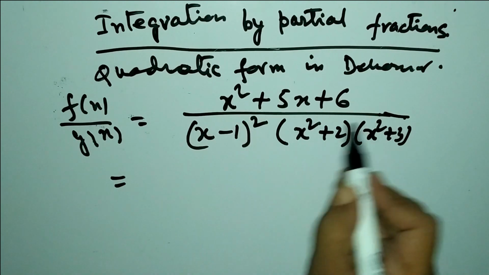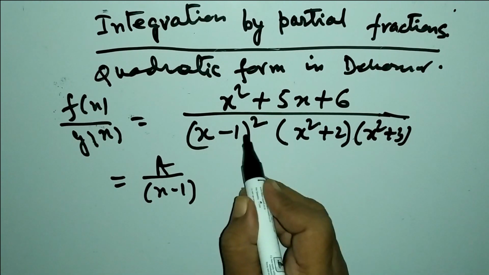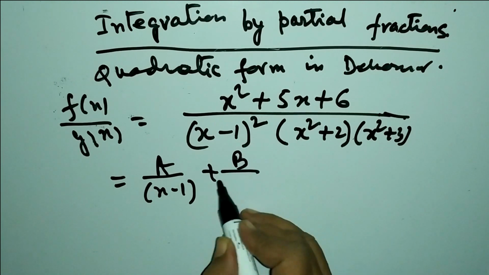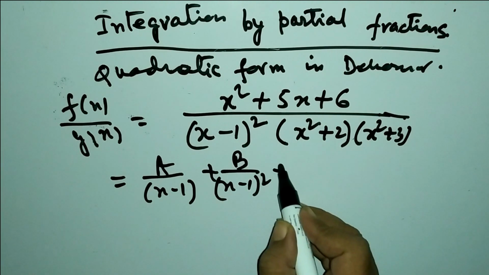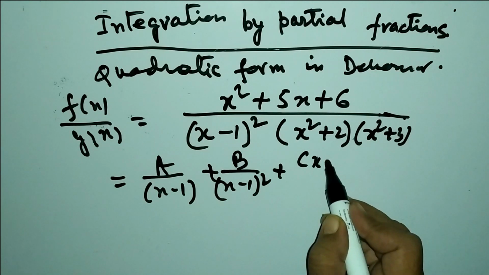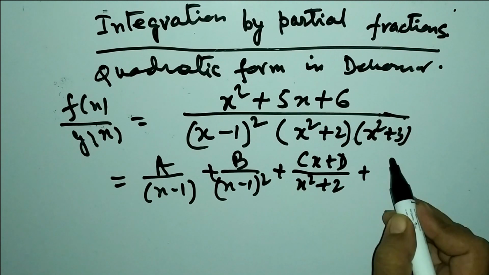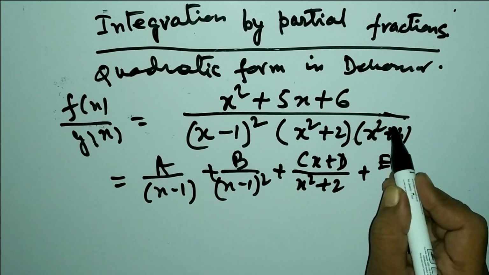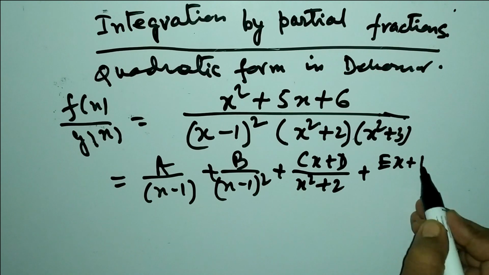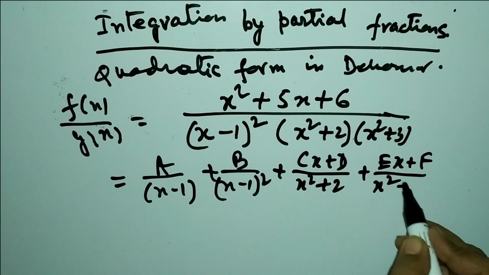This can be written as A/(x-1) + B/(x-1)², linear repeated. Here x²+2 is a quadratic form, so you can write (Cx+D)/(x²+2), and for x²+3 it is (Ex+F)/(x²+3).